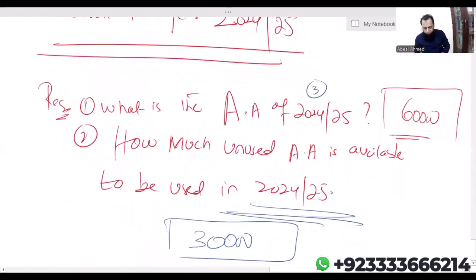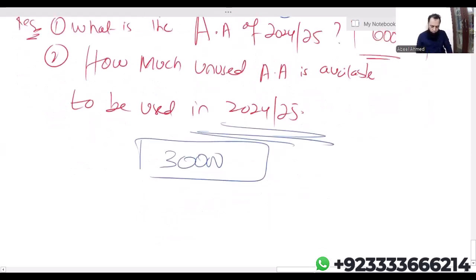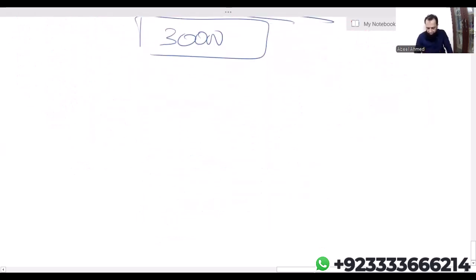I hope it is now clear. Then what is the rule of unused limit? Let me repeat. Unused annual allowance is carried forward for 3 tax years, number 1, and utilized on FIFO basis. Now, what do you mean by FIFO? Let me clear that also. For example, the current tax year is 2024-25.